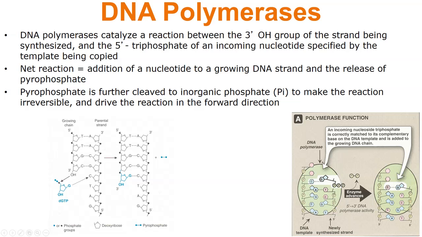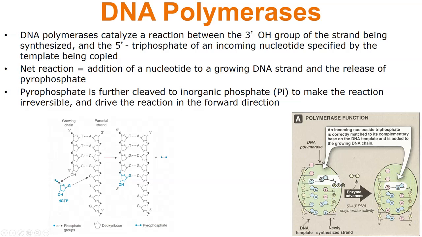What's not shown in this figure is we're actually going to cleave this pyrophosphate into 2 inorganic phosphates. What that does is it serves to drive the reaction forward, because if you accumulate a whole bunch of pyrophosphate, eventually, because of the way enzymes work, it'll start inhibiting the enzyme. So you drive it forward by cleaving that.